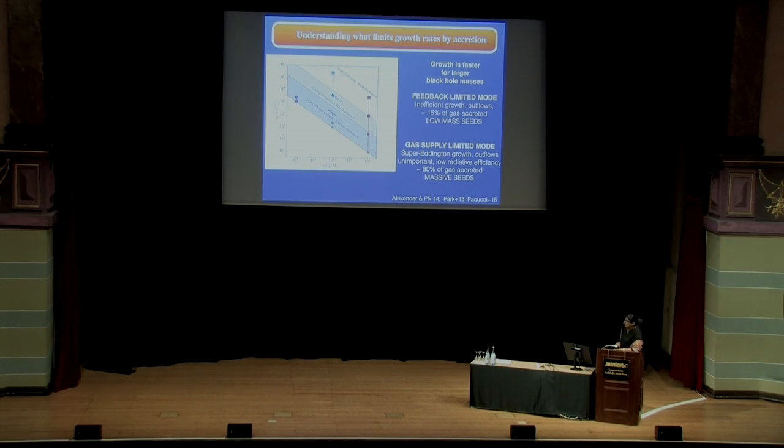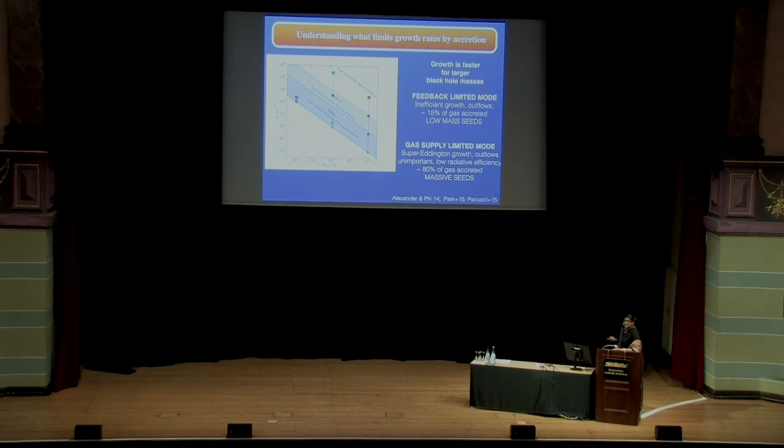So this is very nice work done by Kwang-Ho Park and Massimo Ricotti, where they've been looking at the accretion physics. And broadly speaking, there are two modes. So you have a feedback-limited mode, where you have very inefficient growth. And you could have outflow, so you could actually lose some mass, as well as have mass inflow. And in those scenarios, only 15% or so of the gas reservoir that's actually available, independent of the cosmic context, only a small fraction of it makes it down to the hole and gets accreted.